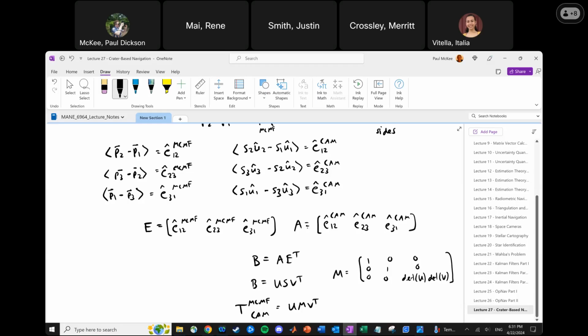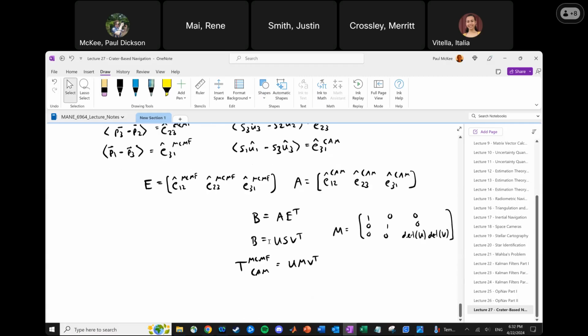So that's how we find our relative attitude: we take the normalized relative positions of the craters and solve Wahba's problem. And then if we just keep pushing for one more step, finally, the position in the moon-centered, moon-fixed frame of you, the observer, is just the ith point.